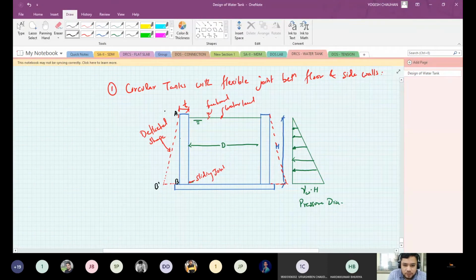This is the deflected shape, and this is a figure, or we can say elevation, of a circular tank with flexible joint.